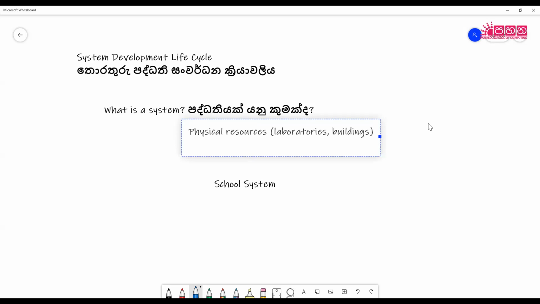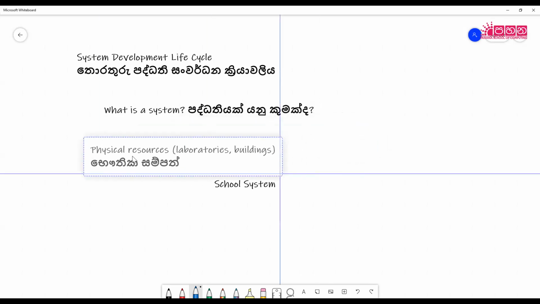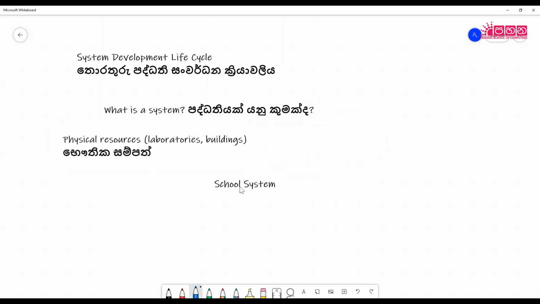Physical means භෞතික සම්පත්. Yes. Laboratories, buildings, භෞතික සම්පත්. Right? පාසල් පද්ධතිය ගත්තම they are භෞතික සම්පත්.